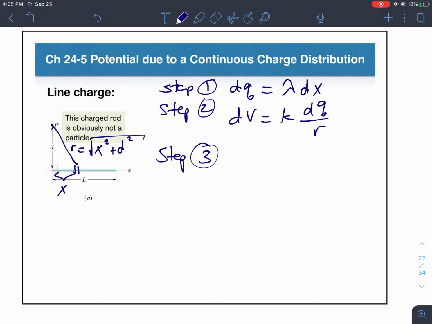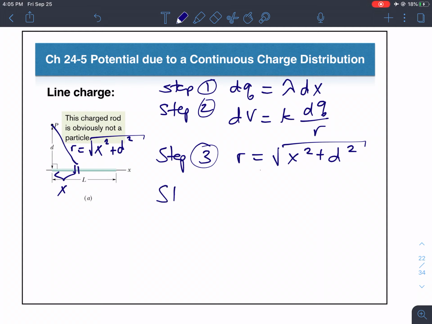We need r in the equation, as you can see, and we are going to replace r with the square root of x squared plus d squared. Let's take note of that, and that's from the geometry. We don't need any angles, because potential is not a vector. We don't need to figure out any of those components, because there's no such thing.